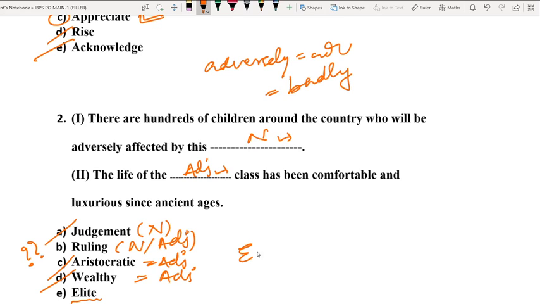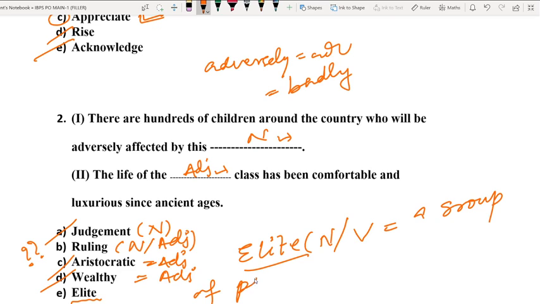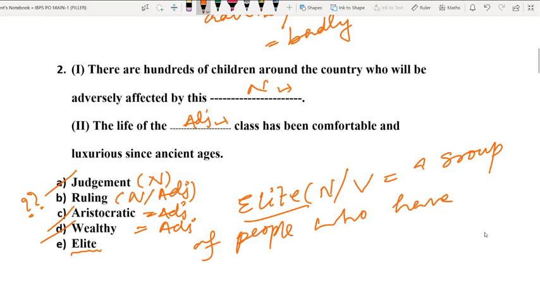Here let me shed some light on elite. The word elite can be used as a noun and at the same time as a verb, right? It refers to a group of people who have money, power and intelligence.